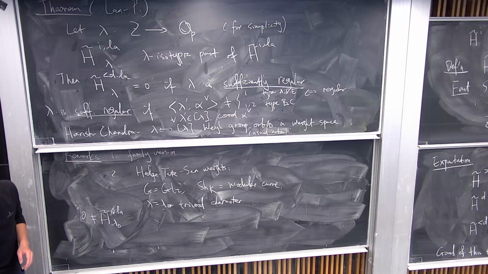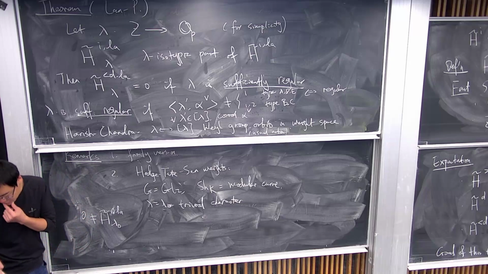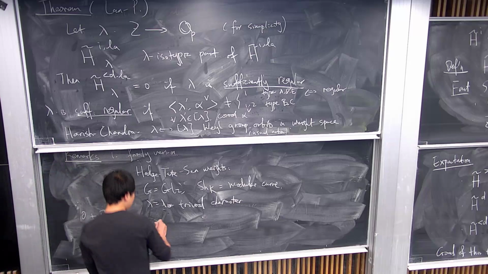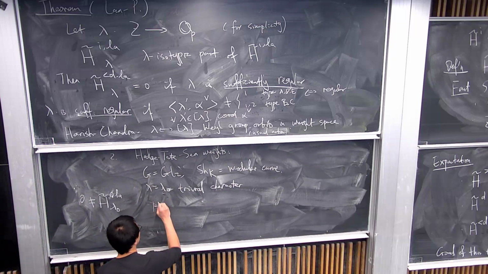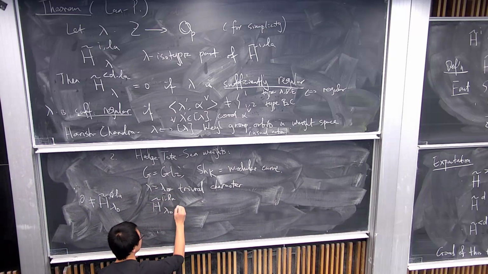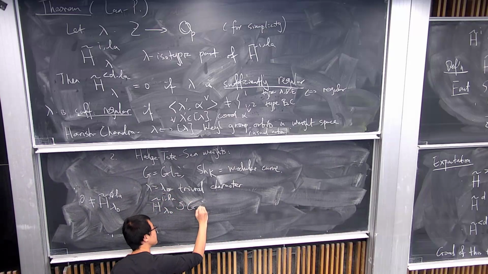But we could say the following, and we could also see the following. It's a general fact that if you look at H^1 and take the lambda 0 isotypic part, I would just restrict myself to the decomposition group at p.